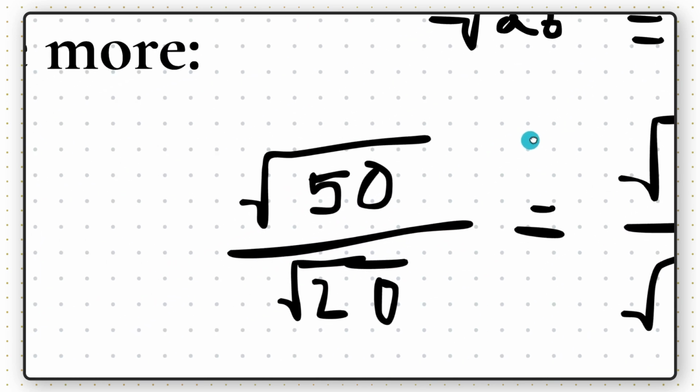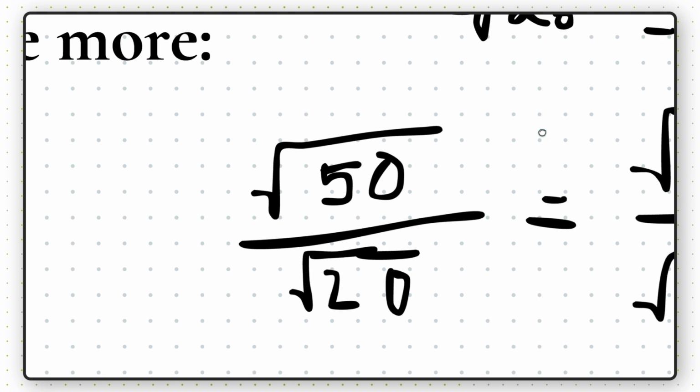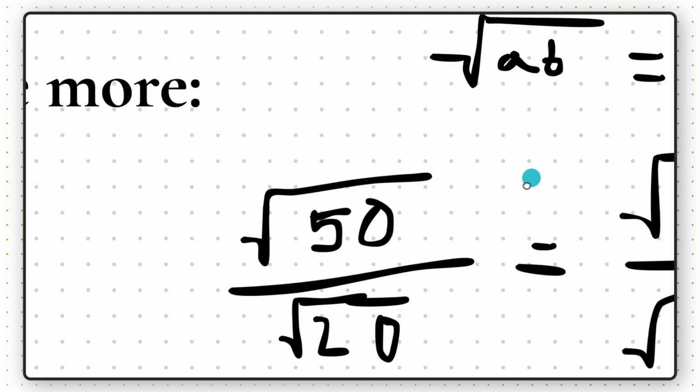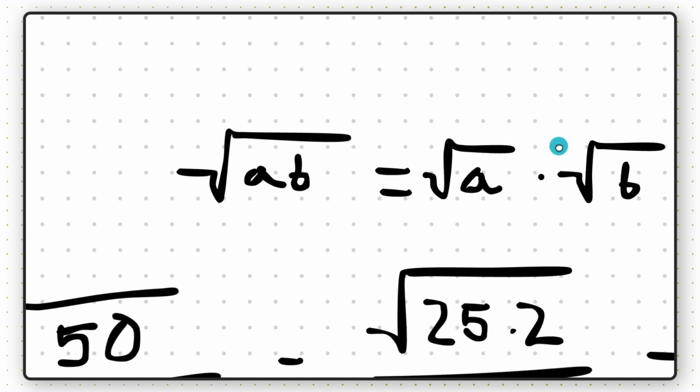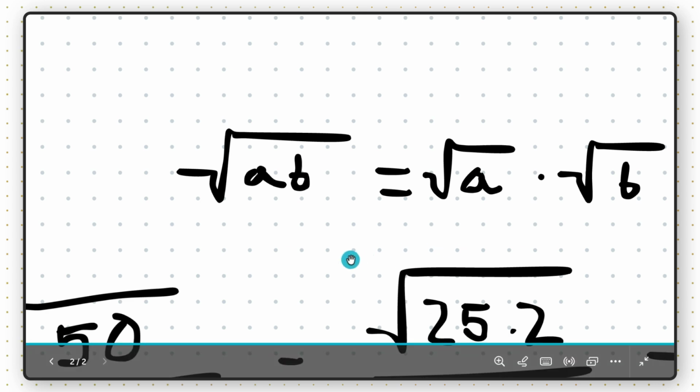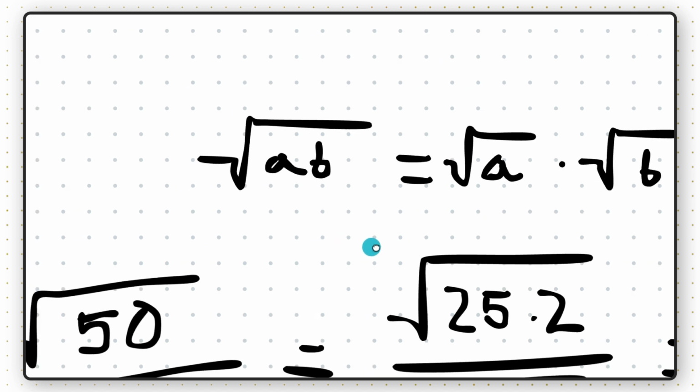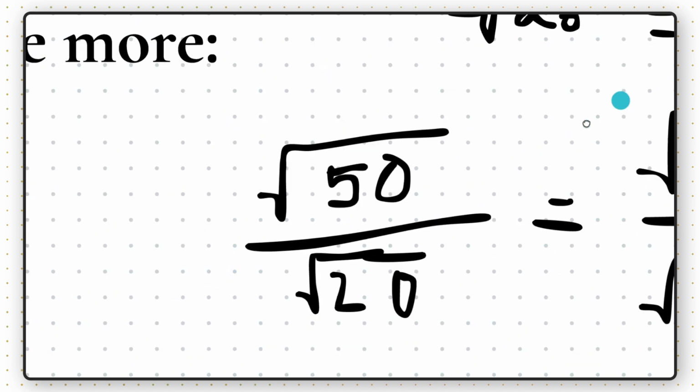So we have to think, what are the factors of 50 that one of the factors in the factor pair is a square number? So obviously that is 25 times 2. 25 is a perfect square, it being 5 squared, and 2 is not simplifiable.